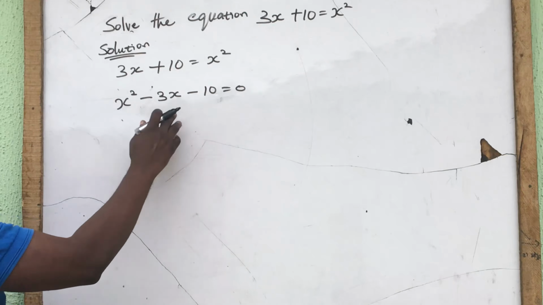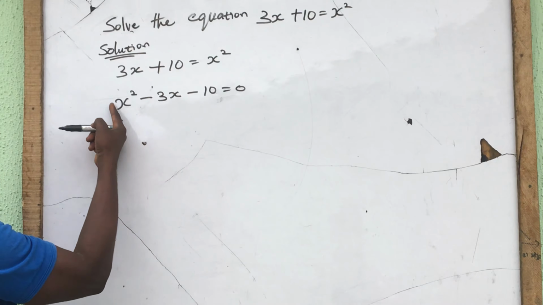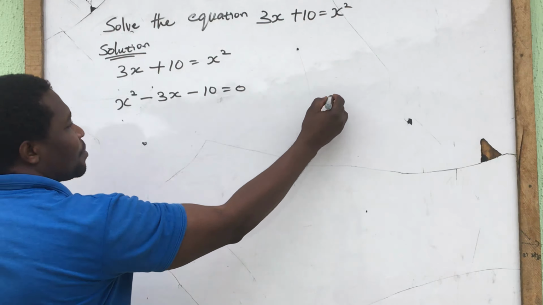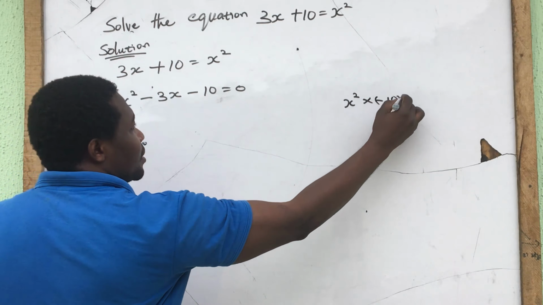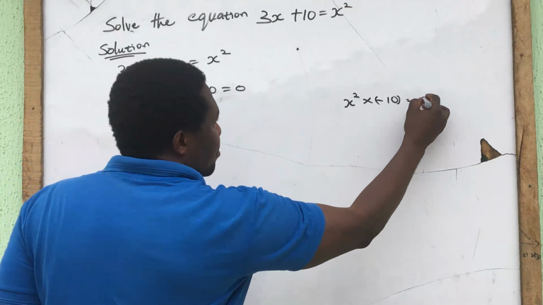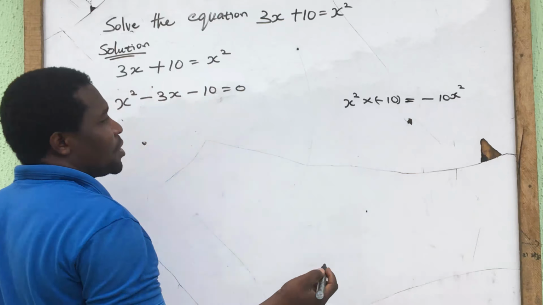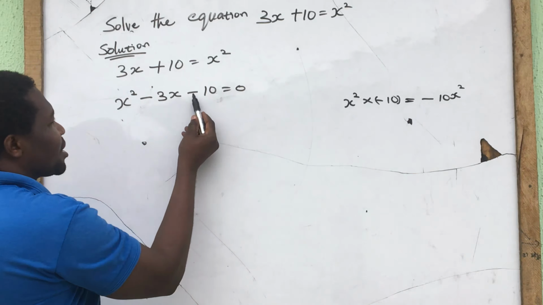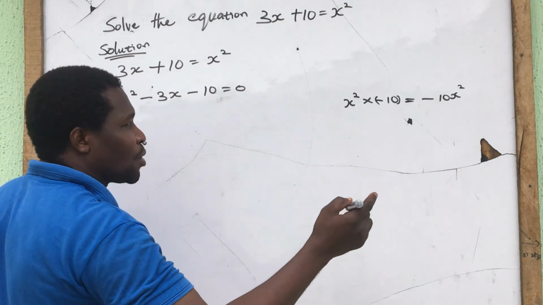So can you see it factorizes now? When you look at this, this is 10, this is 1. 1 times 10, so x squared times minus 10 gives me minus 10 x squared. Look at that. And this is minus, that means we are going to have separate signs for the factors.